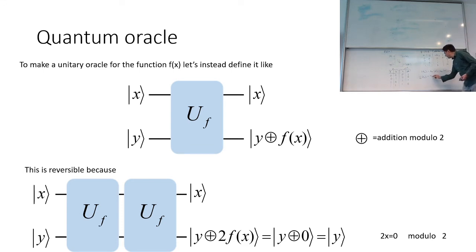The 00 becomes 01. 01 becomes 00. 10 becomes 11, and 11 becomes 10.